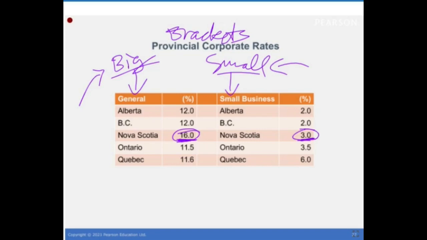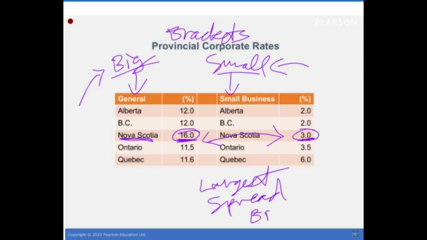Also significant, we have the largest spread, if you will, or difference between the big versus the small. That means classifying income here under small is going to mean big money.